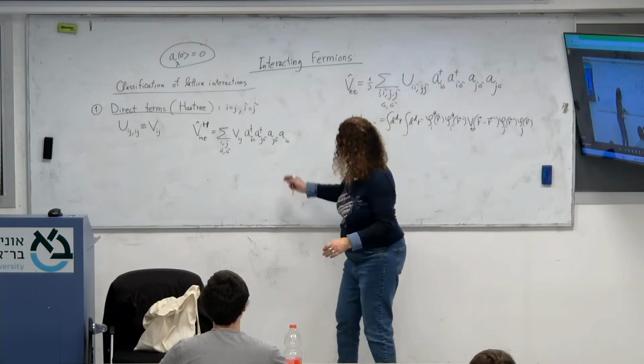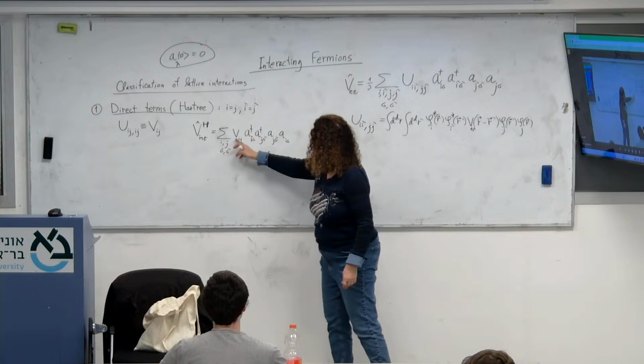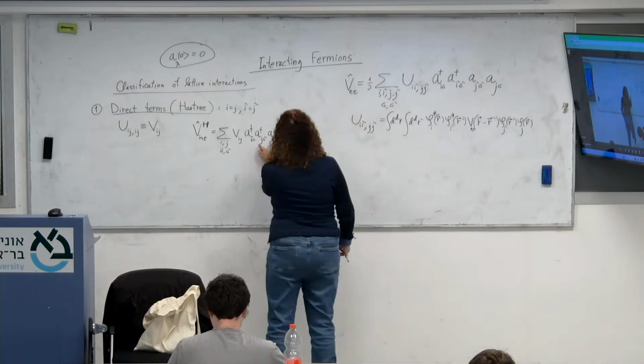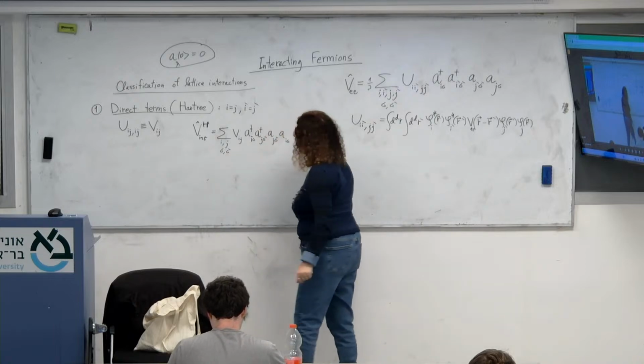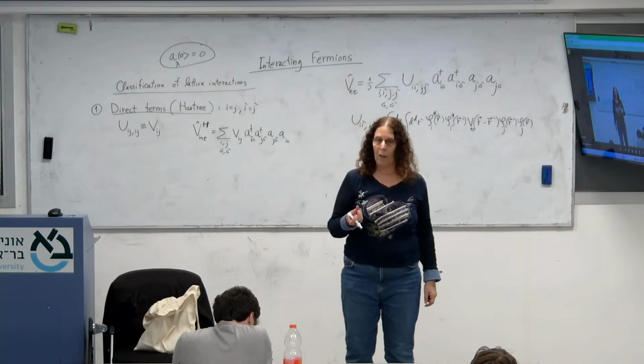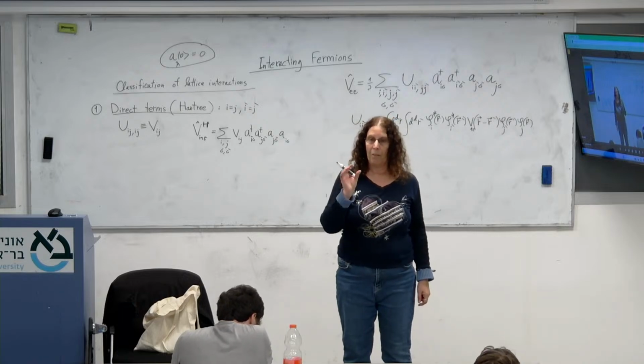I don't want to sum over j because V_ij depends on j. So if I sum over all the sigma primes, I just get the number operator n_j for electrons on site j.